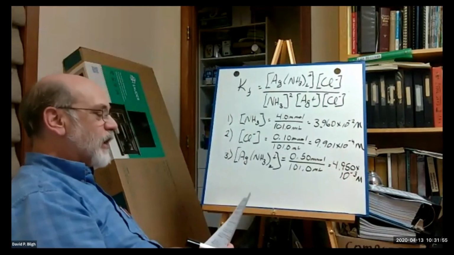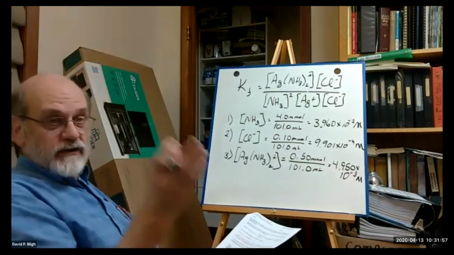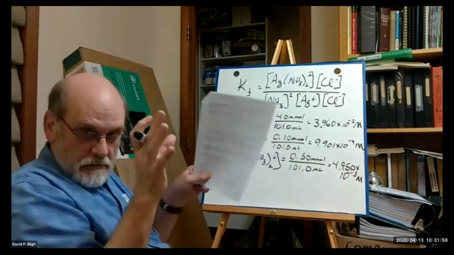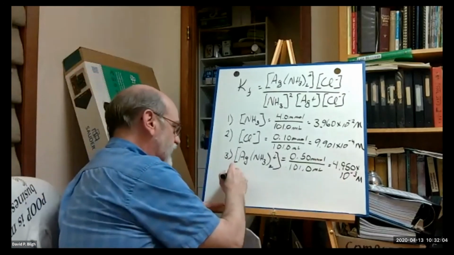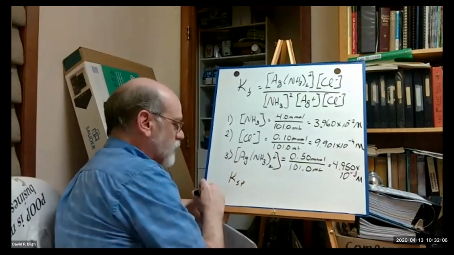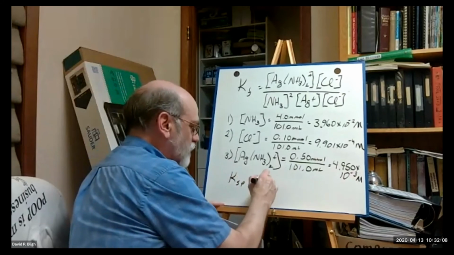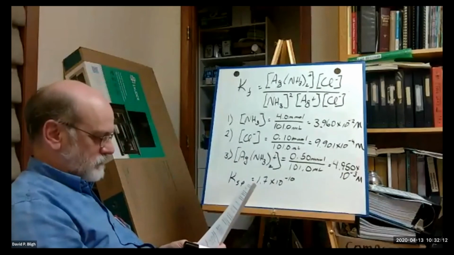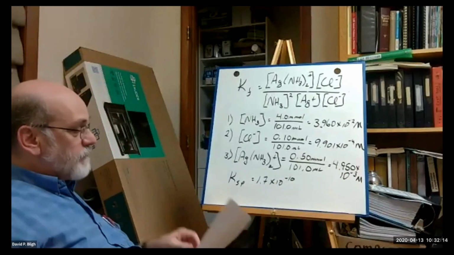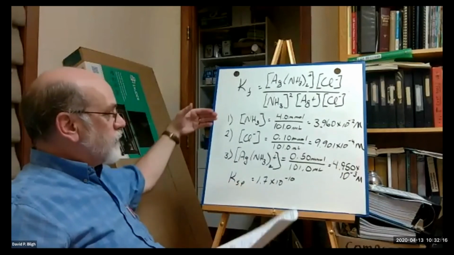Okay? And then the other factor you need, we're going back to the original combined equation where we had the KSP inserted. And remember, the KSP for silver chloride is equal to 1.7 times 10 to the minus 10. So now we have our equilibrium concentrations.